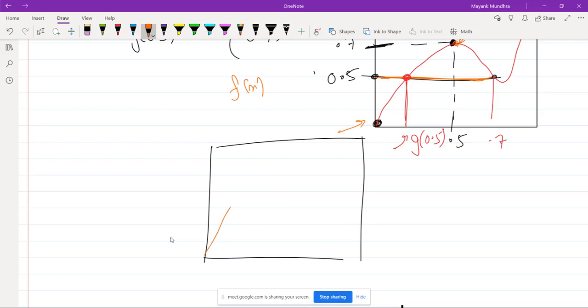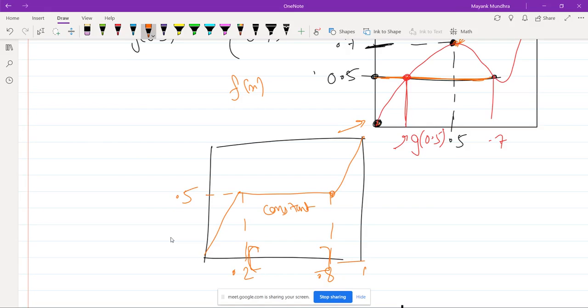It increases like this, goes constant like this, and then increases again. Let's say this point is 0.2, this point is 0.8, and this is 0.5. So it increases to 0.5 by 0.2. It is constant over the interval 0.2 to 0.8, and then it again starts increasing between 0.8 and 1. It reaches a value 1.